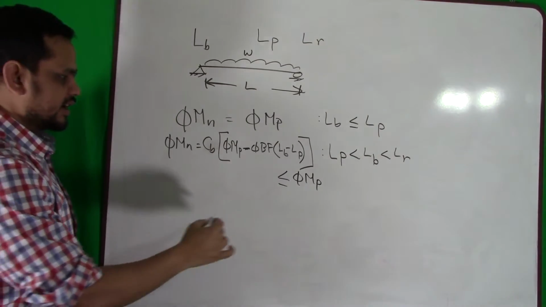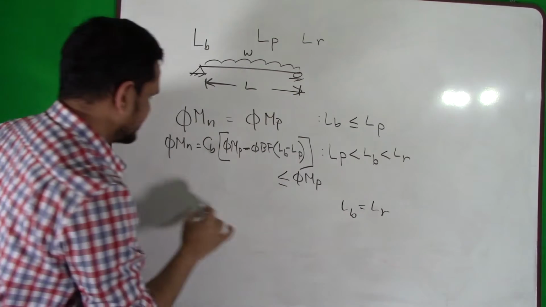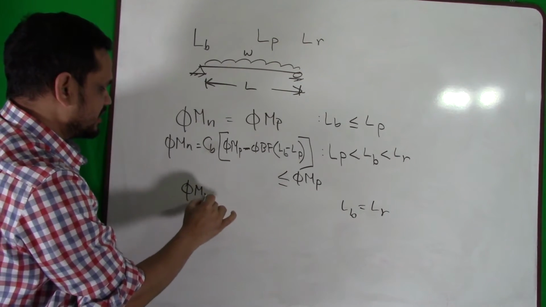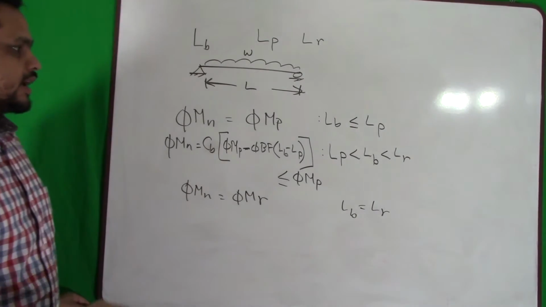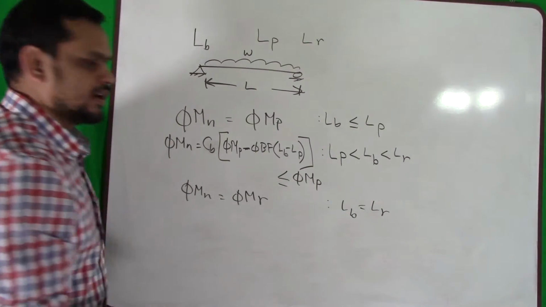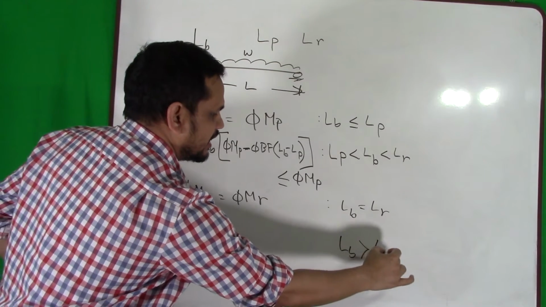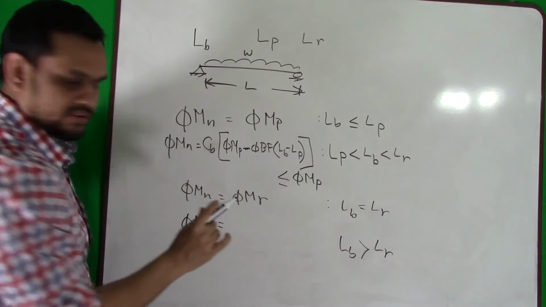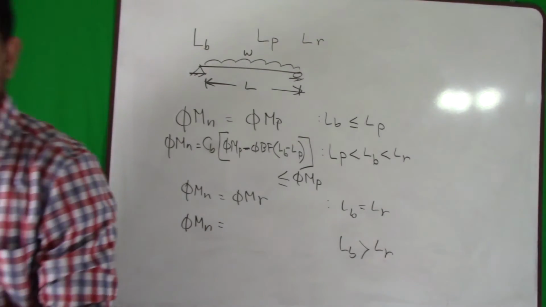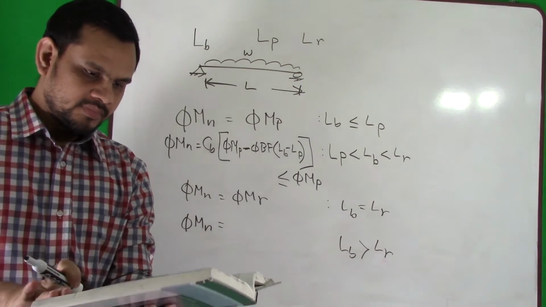And then third category, if my LB equals LR, what is my capacity? Capacity is phi Mr. Now for the last case, if my LB is greater than LR, my capacity, I forgot, so let me see the book. My capacity is a big number.